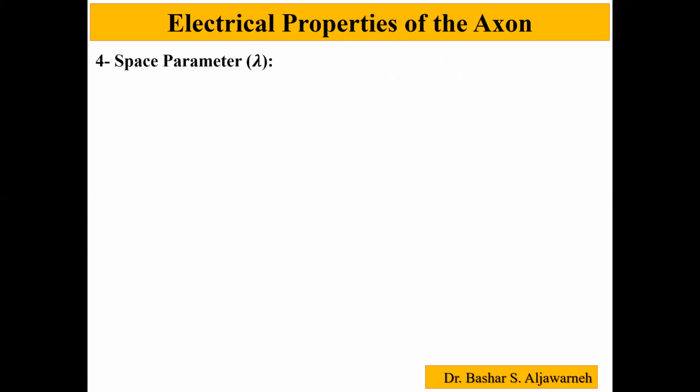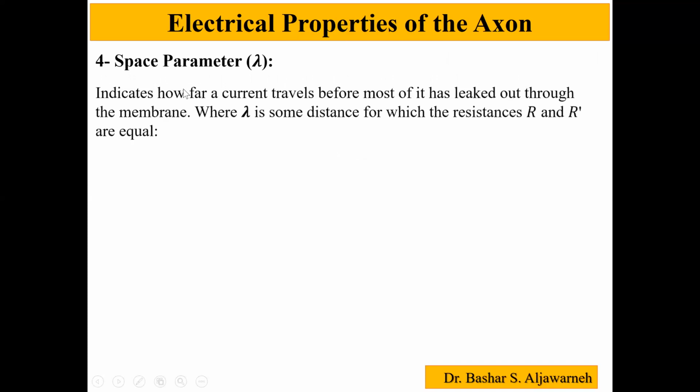For number 4, we are going to talk about the space parameter. In other words, we are going to see how far the current can travel before most of it has leaked out through the membrane. In other words, we are going to calculate the distance for which the resistance along the axoplasm equals the resistance of the membrane leakage.